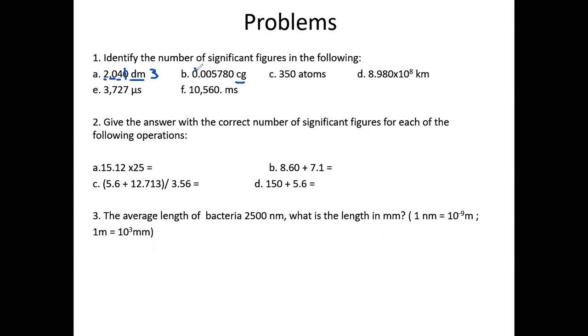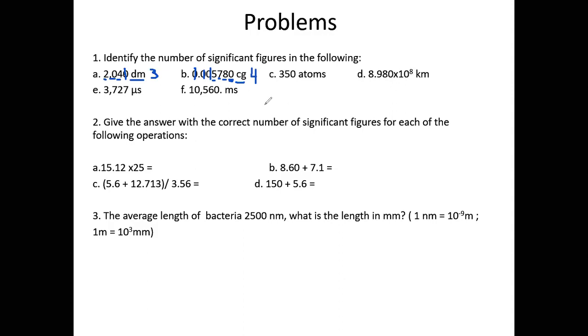Again, the leading zeros are insignificant. They don't count. We start counting at the 5, 7, 8, and now this 0 at the end is significant because we have a number less than 1. So this has 4 significant figures.